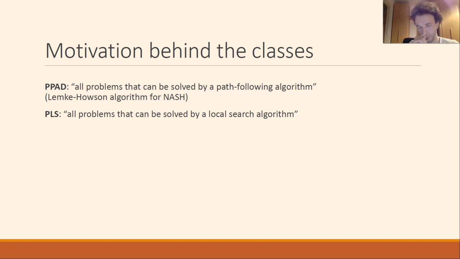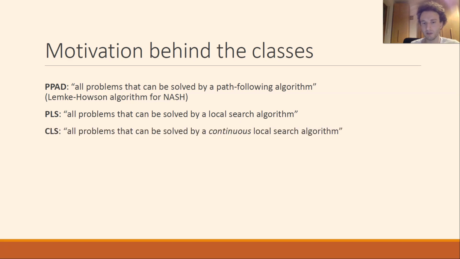PLS has a similar definition as a set of all TFNP problems that can be solved by a local search algorithm. Again, every step of the local search algorithm can be performed in polynomial time, but there might be a lot of steps. And CLS now, more recently, can be viewed again as the same thing, but with continuous local search instead of local search.